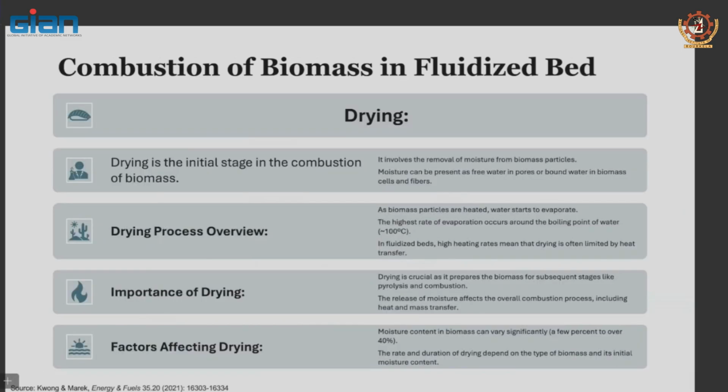So let's go through this. This is part of our exercise to go step by step. This we are designing. We need to dry. Drying. We're going to talk later on specifically about fluidized bed drying.